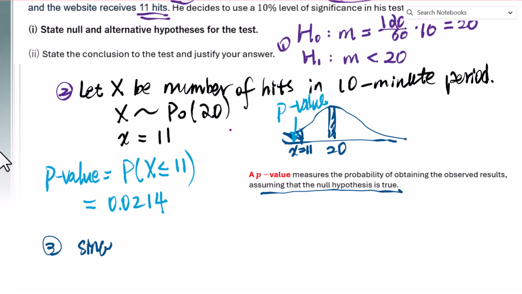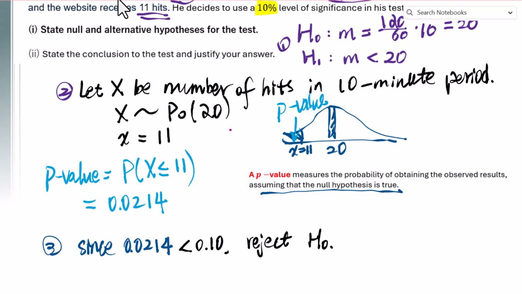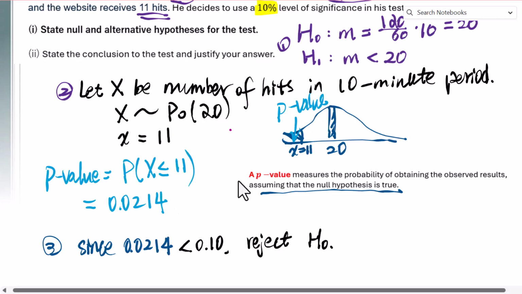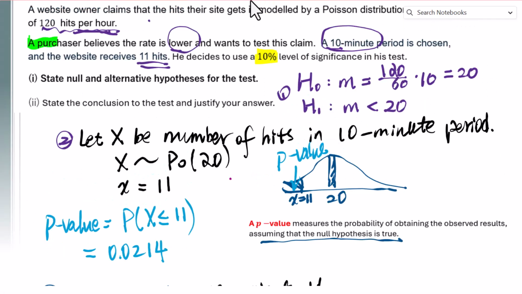Let's draw the conclusion. Since 0.0214 is less than alpha, 0.10, reject H0. Let's check which one is the claim. A purchaser believes the rate is lower and wants to test this claim.